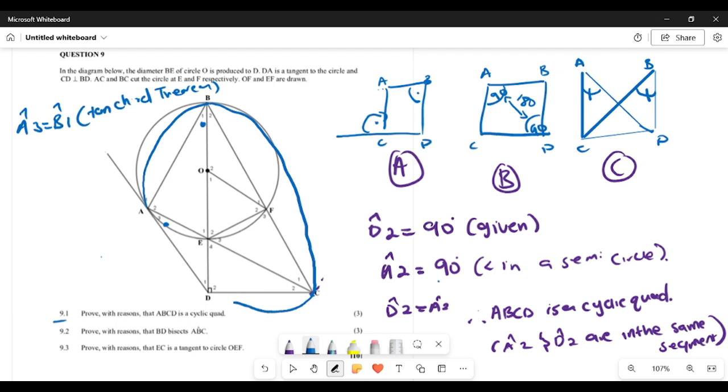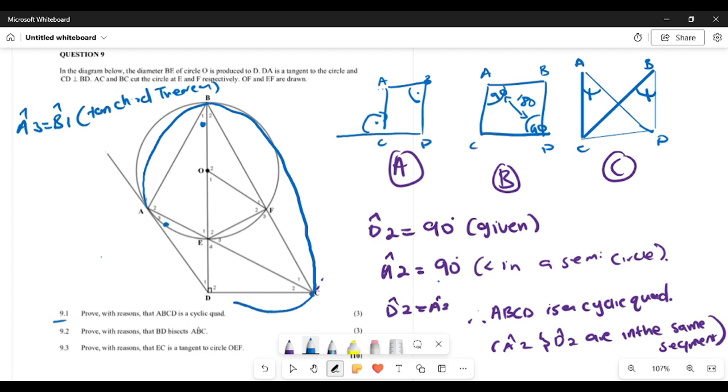So now let us look into the other questions that we're given. Now, proving that a line is a tangent to a circle. There are three ways in which you can go about proving that a line is a tangent to a circle, and I also want to write them here.